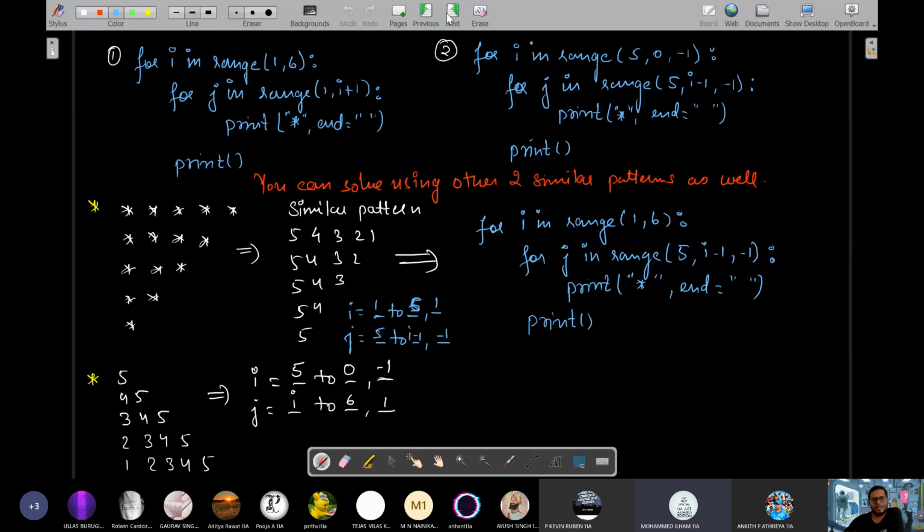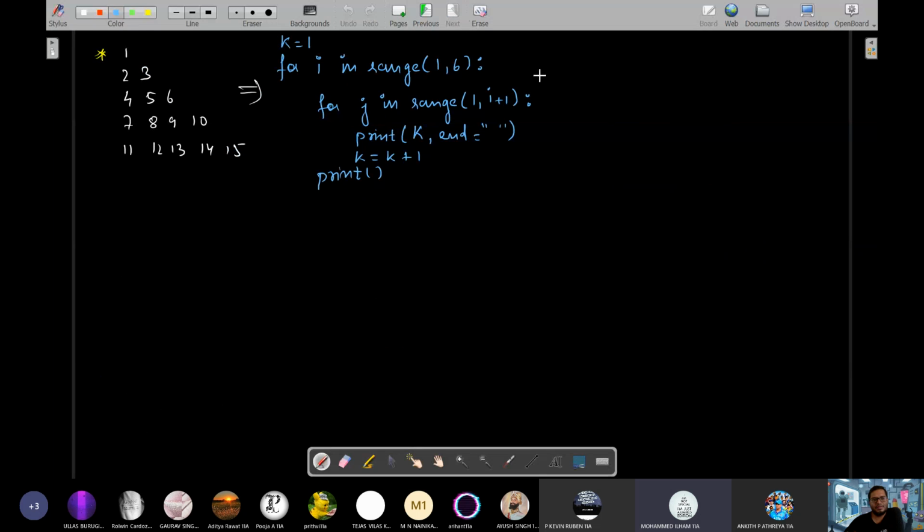Sir, means here if it was like 15, 14, 13, 12, 11, 10, then it will be K minus 1. Yes, you can do K minus 1. Then in that case you will choose a structure which is, let me just do it. Sir, the same writing pattern, it's like 15, 14, 13, 12, 11, 10 like that.